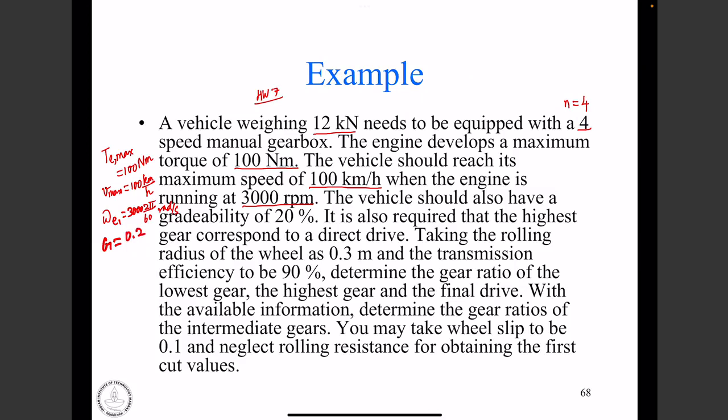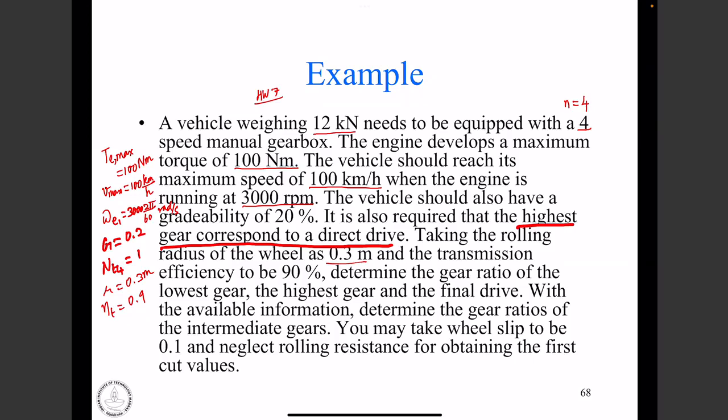It is also required that the highest drive gear corresponds to a direct drive, so NT4 is equal to 1. Then taking the rolling radius of the wheel to be 0.3 meters, R is 0.3, and transmission efficiency to be 90%, so eta T is 0.9. Please calculate all the gear ratios, of the lowest gear, the intermediate gears, and the final drive.